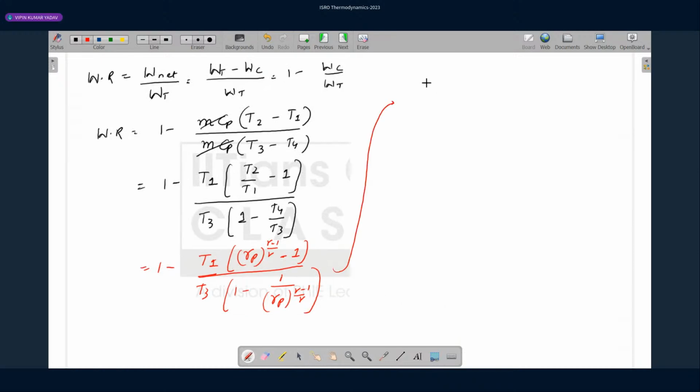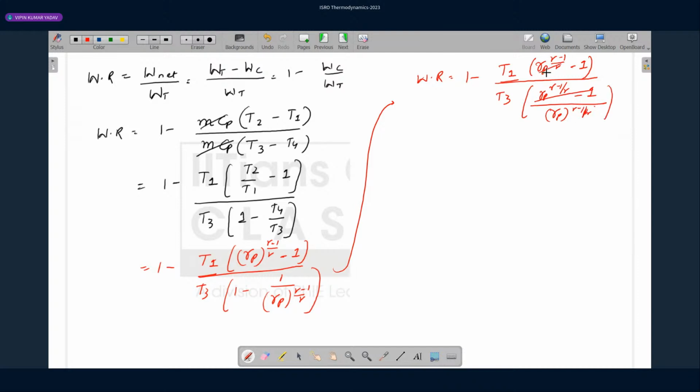So I can say work ratio is equal to 1 minus T1 by T3 times RP^((gamma-1)/gamma)... and this is RP^((gamma-1)/gamma) upon RP^((gamma-1)/gamma).